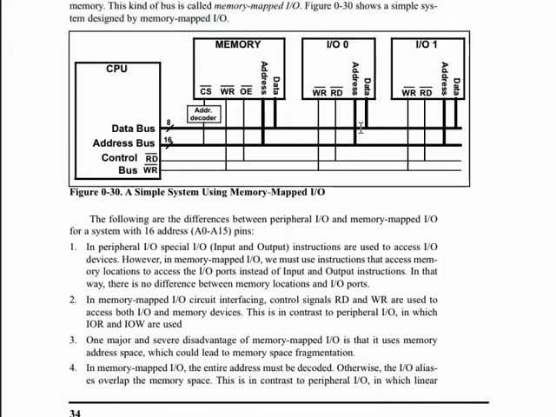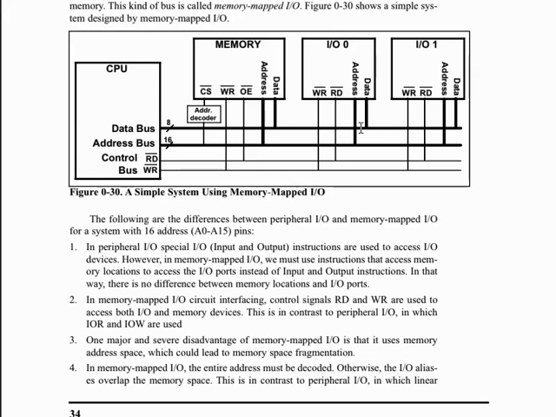Instructions: peripheral input output uses special input output instructions, while memory mapped uses memory access instructions. Control signals: peripheral input output uses IOR and IOW, while memory mapped input output uses RD and WR.